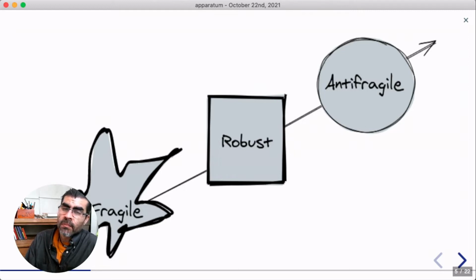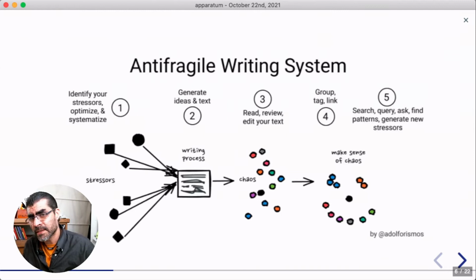But if you apply the right kind of stressors, your muscles and bones are going to get better with this kind of exercise. So we try to find the way to change things, systems, artifacts, in order to make them more antifragile. That's the main idea with this interesting concept.